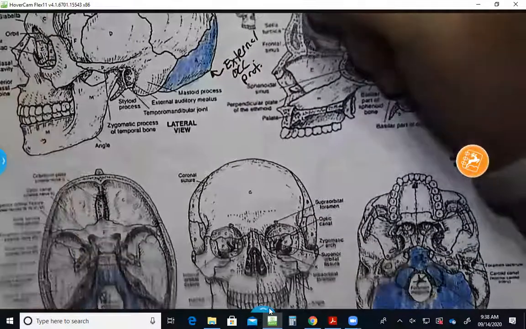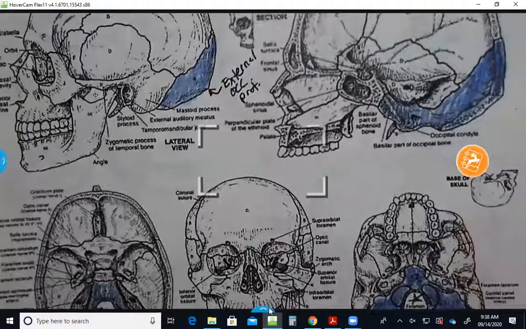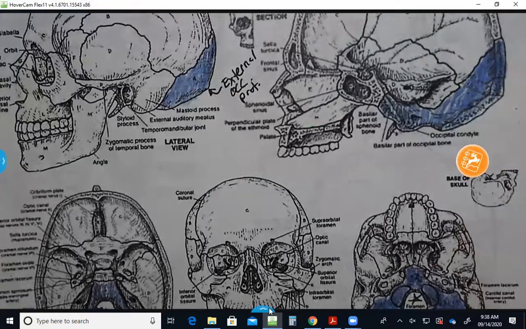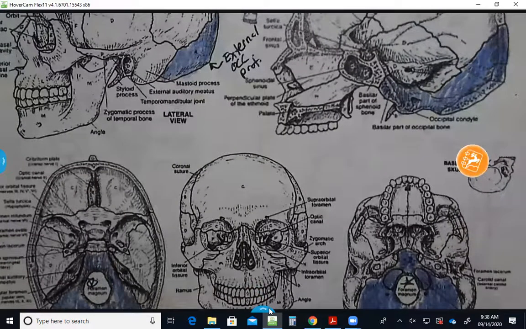Abbreviated. External occipital protuberance is a bump that you should all be able to feel in the back of your skull. Attached to that is what we call a nuchal ligament, which binds our skull to the vertebral column.